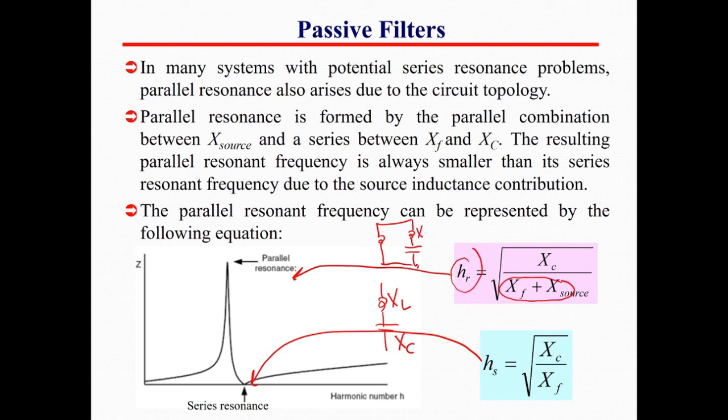So this is our XL, XC, and this is our X source. In this case we call it XF, just to be consistent with what is written in the equation.